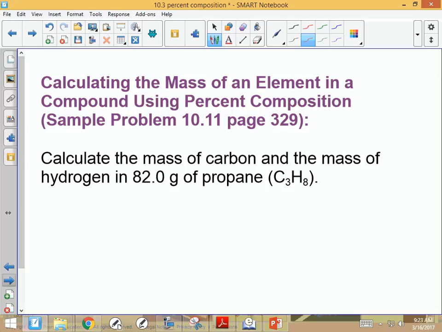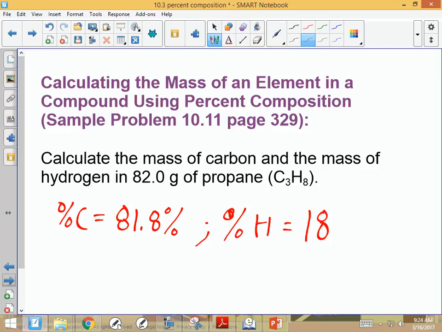Now, based on the previous sample problem, we know the percent of carbon in propane is 81.8%. And the percent of hydrogen is 18.2%.